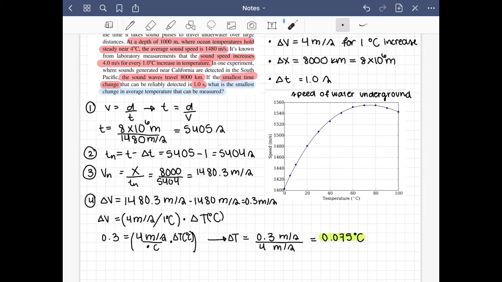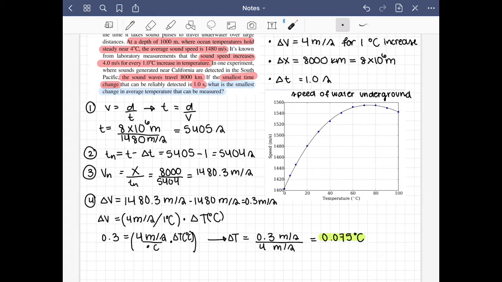Now, we are told that the time change that is detected is 1 second. We know from the intuition that we just gathered that the time has to change by 1 second less because, like we said, the velocity is expected to increase, and from our equation we know that a smaller time is going to mean a bigger velocity.